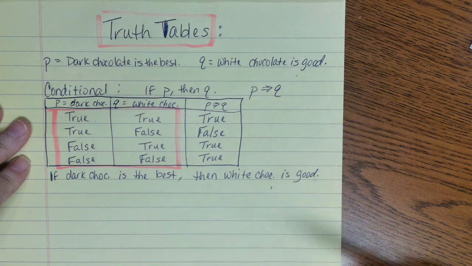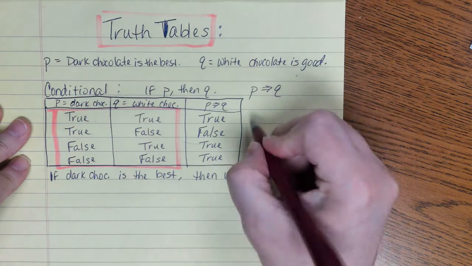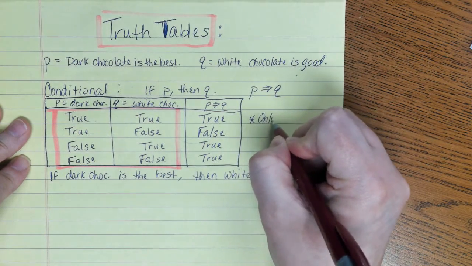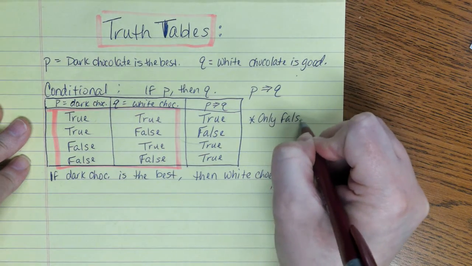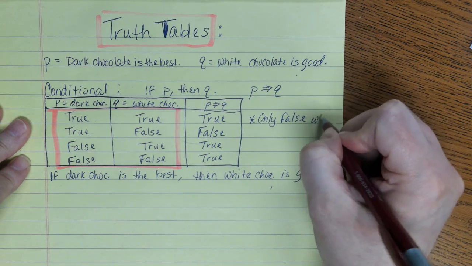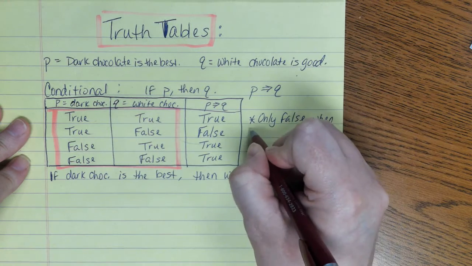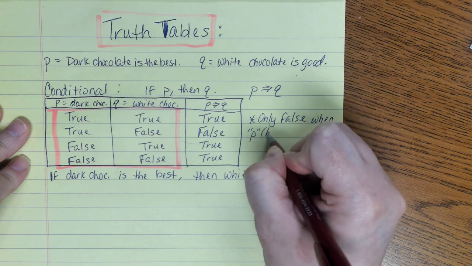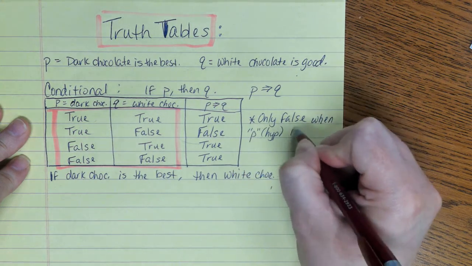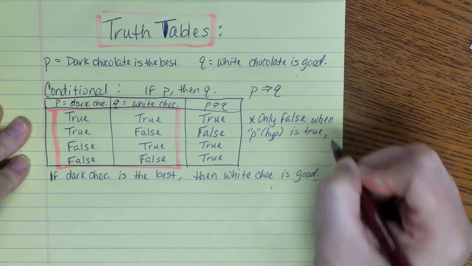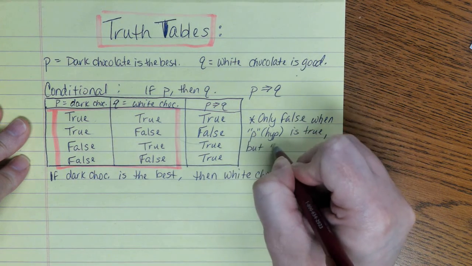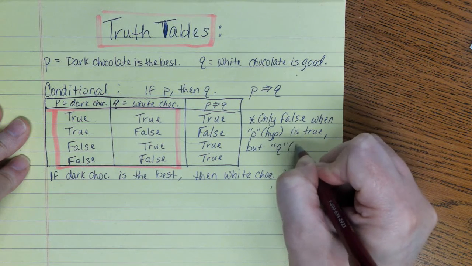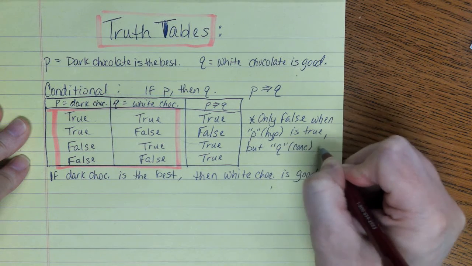So the key part here, notice there's only one false. And this is true for every conditional. It's only false when the P, which is our hypothesis, is true, but Q, or our conclusion, is false.